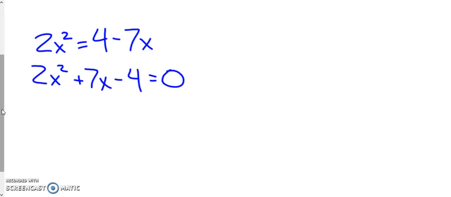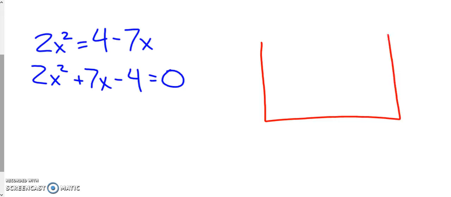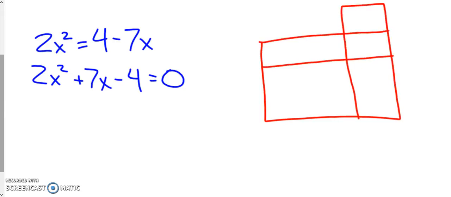So you can either guess and check with 2x and x, or you can use that little factoring box I taught you to use. And remember, you don't have to use this if you can factor without it. This is just something that might be helpful.